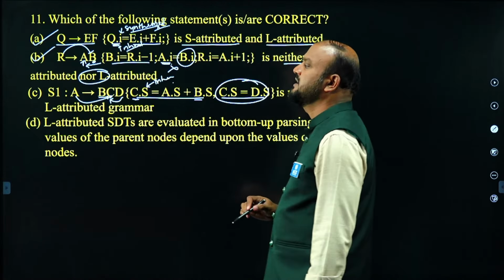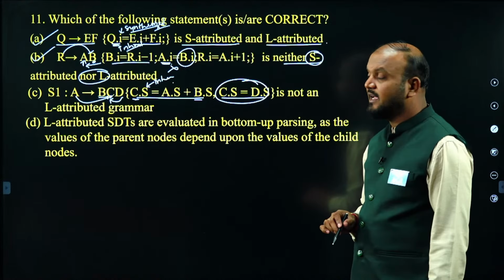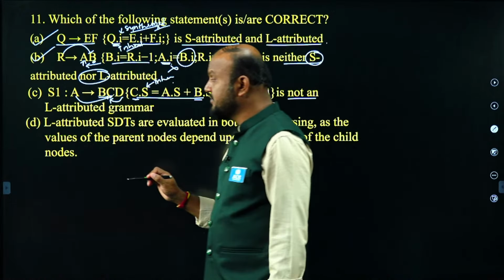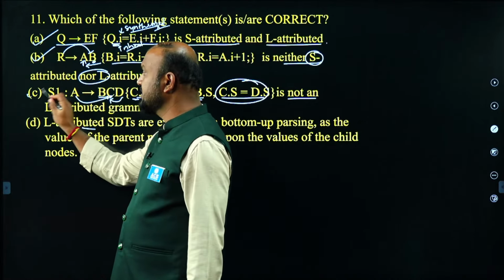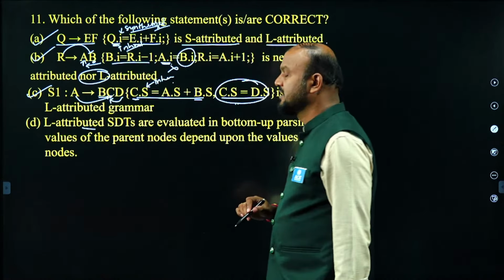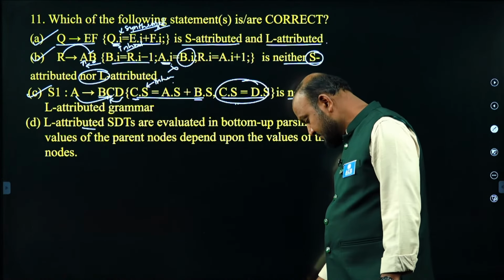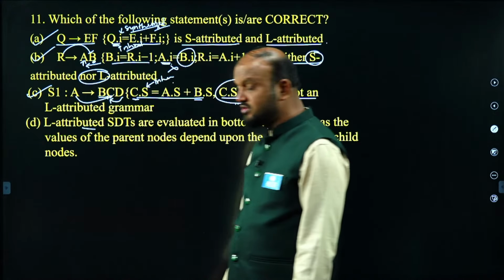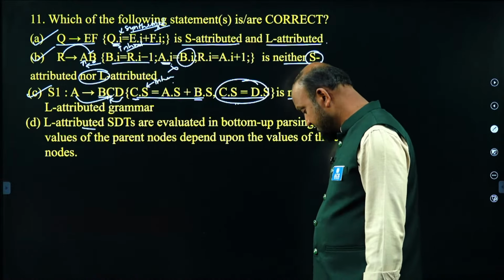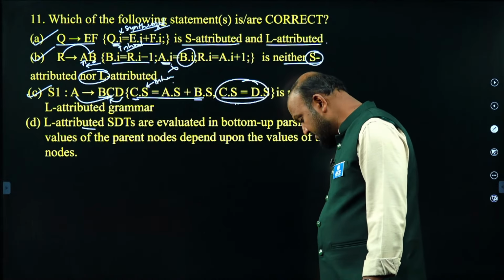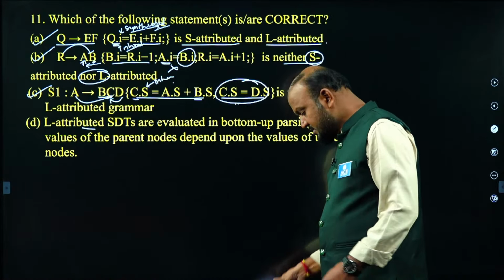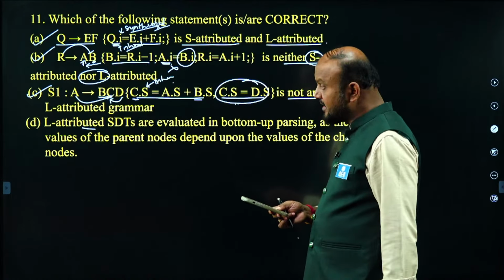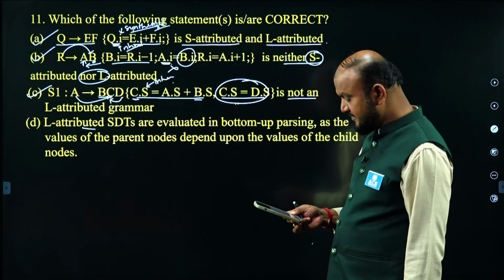Getting it from a right sibling means it is not L attributed, because this is violating the rule. So A is correct, B is correct, C is correct so far. Now check for D.